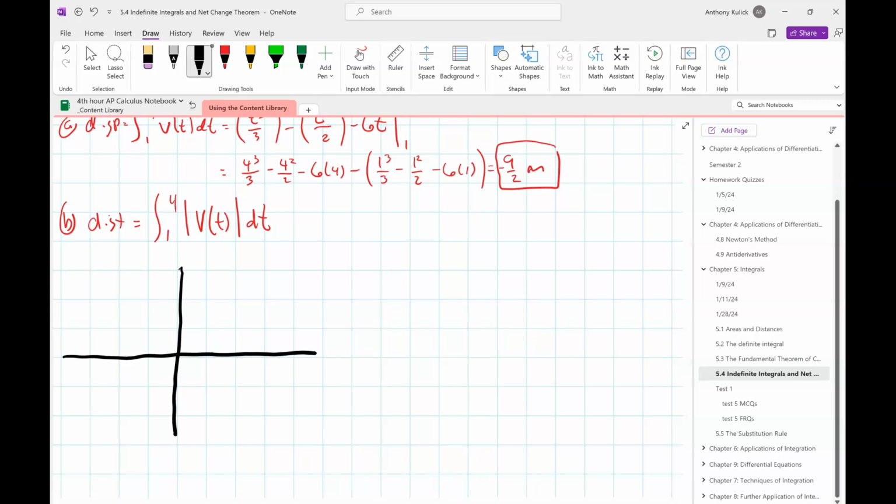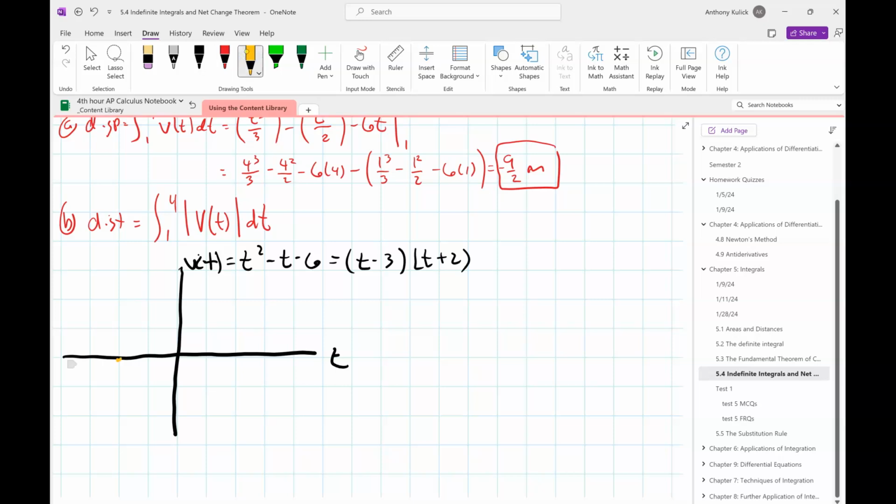So let's say this is our v of t axis. And remember that that's our velocity function, right? If I factor that, it should be this.